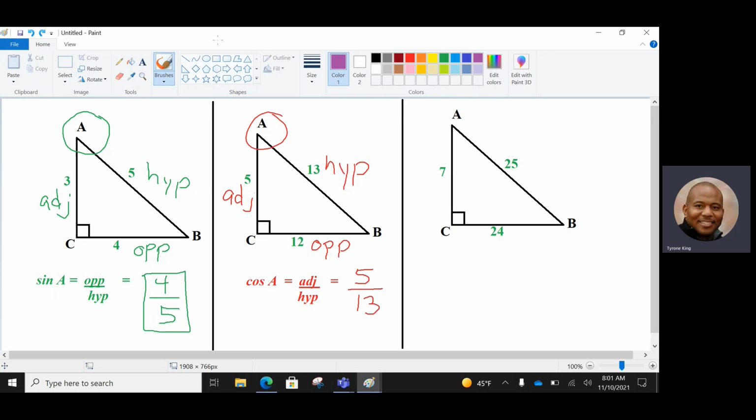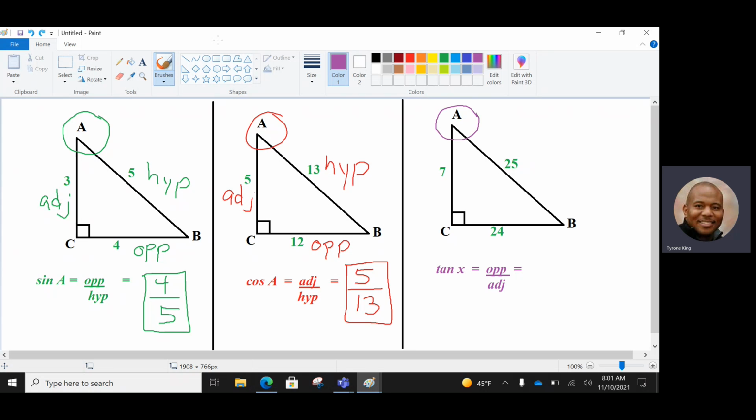And last but not least, we have tangent. The tangent is the opposite over adjacent. Now, I know you're going to say, how do I remember all these trig ratios? You don't have to remember them. They're going to be on formula sheets, they're going to be written down. And there's a song that can help you remember, and you have the acronym SOHCAHTOA. So the tangent of X equals the opposite over adjacent.